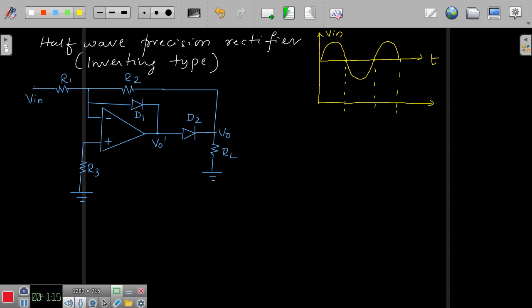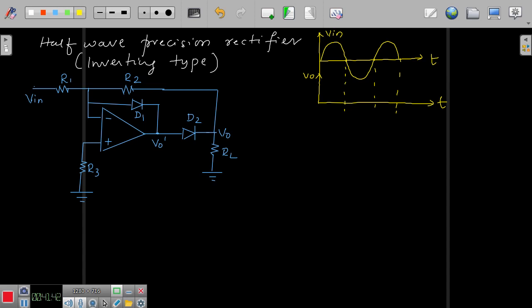So let me draw the output waveform later after having understood the operation here. This is my V0. Okay, have you drawn this? Now two diodes are required here.